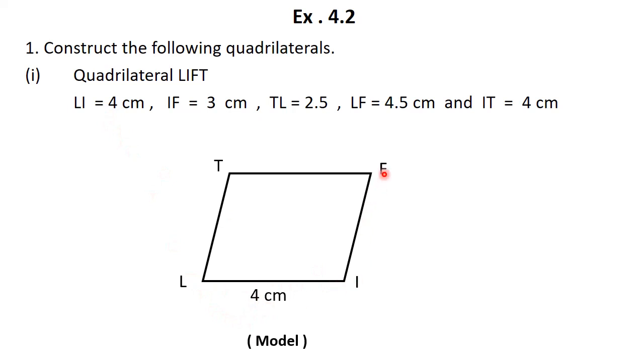Length of IF should be 3 cm. The length of side LT is given 2.5 cm, and LF is given here. So LF means here the diagonal. So we join the points L and F, then we get the diagonal of the quadrilateral, and the length of this diagonal should be 4.5 cm.